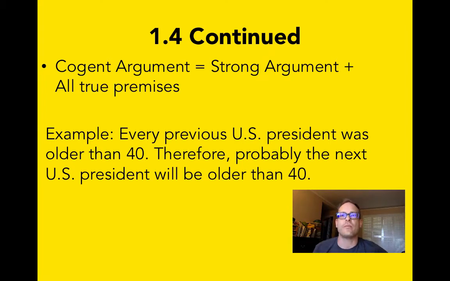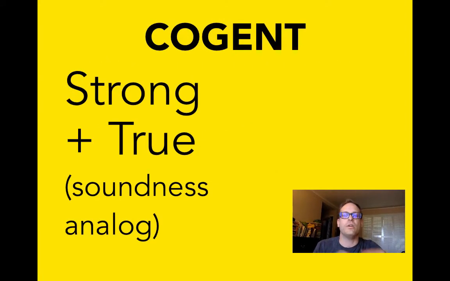A cogent argument is a strong argument that has true premises. So a cogent argument is one where the premises make the conclusion more than 50% likely, and all the premises happen to actually be true. So this is a cogent argument. It's a strong argument with true premises, and it's the analog version of soundness.